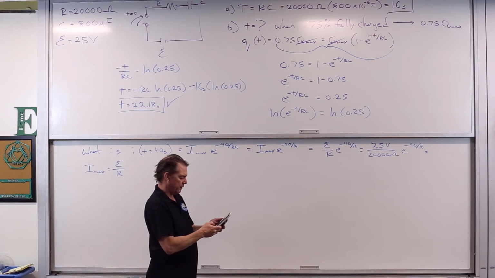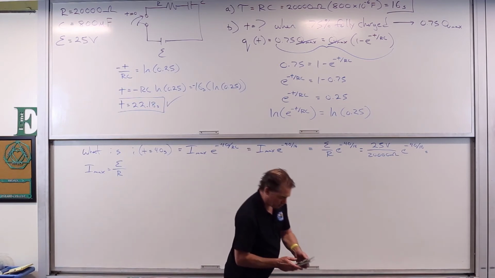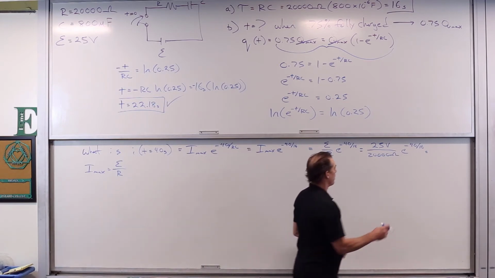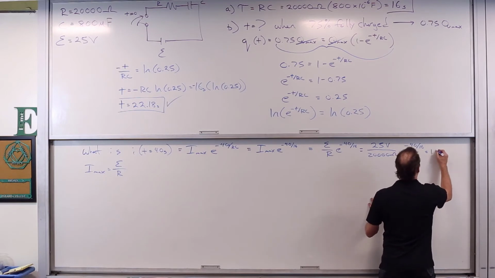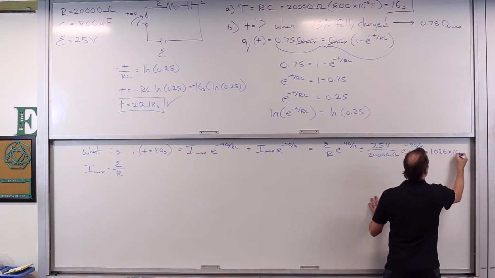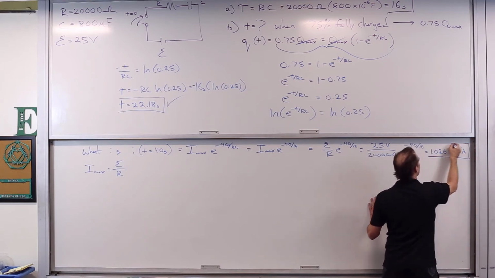So we've got 25 divided by 20,000 times exponential of negative 40 divided by 16. That's 1.026 times 10 to the negative 4 amps.